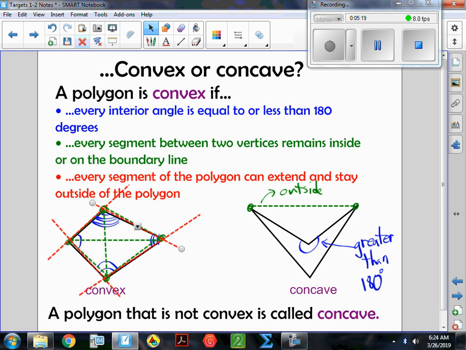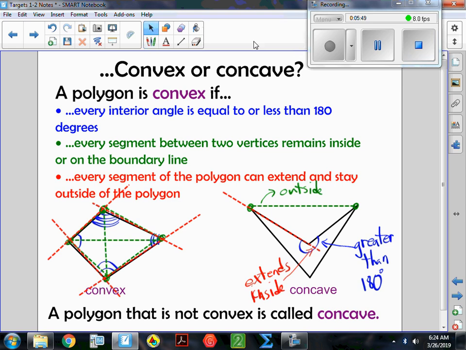So those red 4 lines create the polygon on the inside of those points, but the red lines themselves stay outside the shape. Again, on a concave polygon, I can find a side that if I extend it, it goes inside the shape, and so that makes it concave. So that extends inside, that makes it concave.